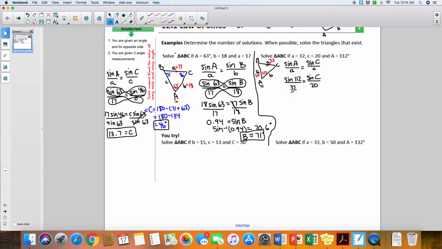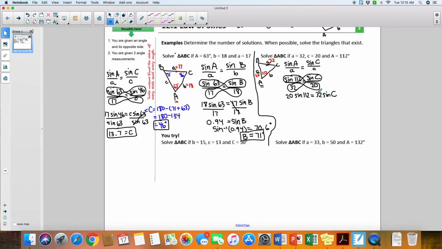All right, so now I am going to cross multiply. That would give me 20 sine of 112 equal to 32 sine C. All right, so I'm solving for C. So let's get rid of that coefficient.